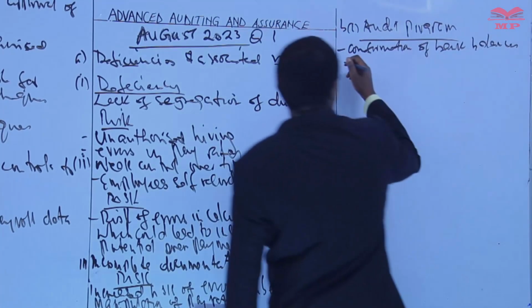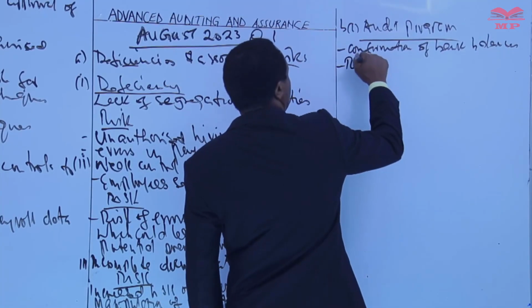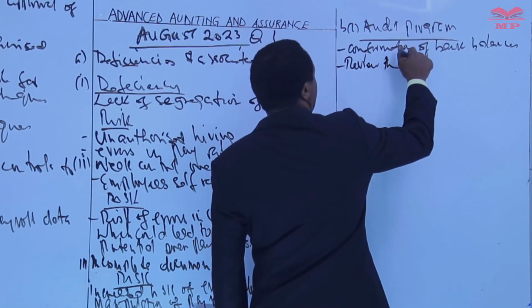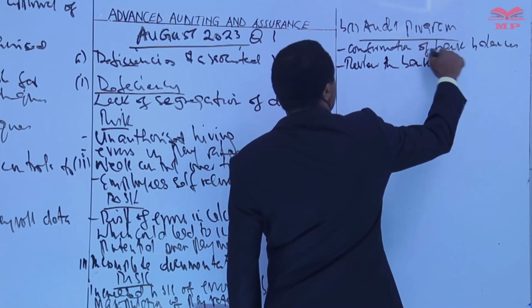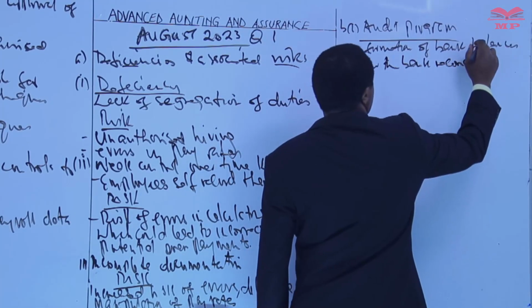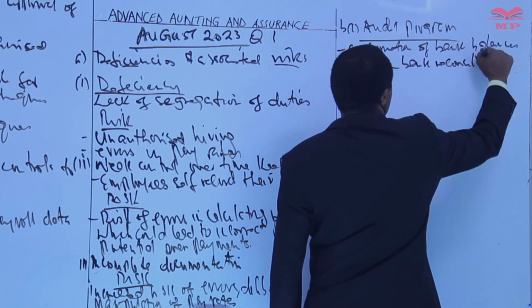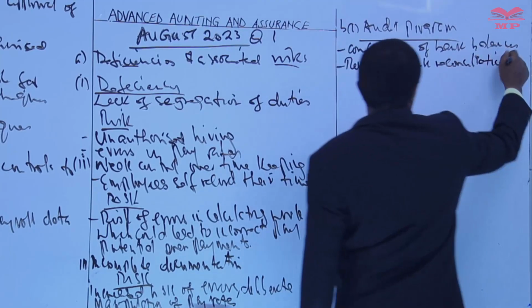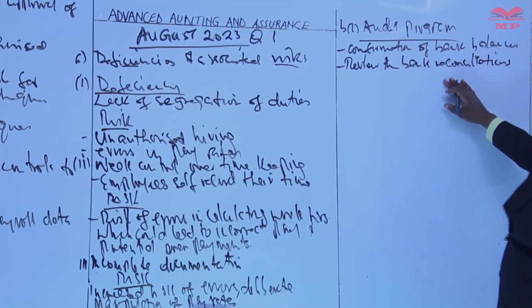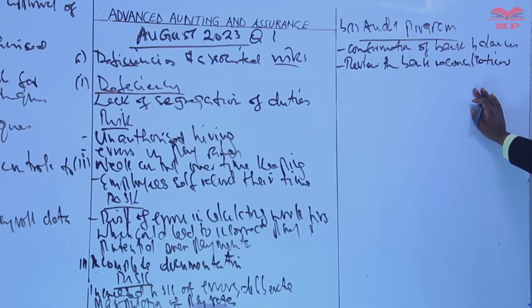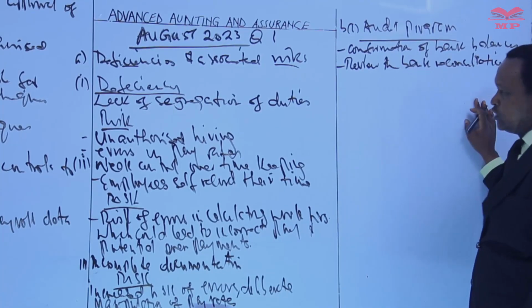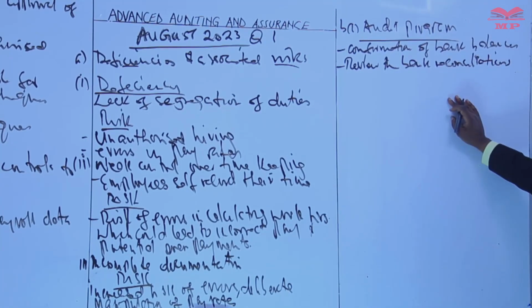The second procedure is to review the bank reconciliations. The company must have bank reconciliations. So the auditor should verify the accuracy of the outstanding checks, because when you do a reconciliation, you can know the outstanding checks, the unpaid checks.